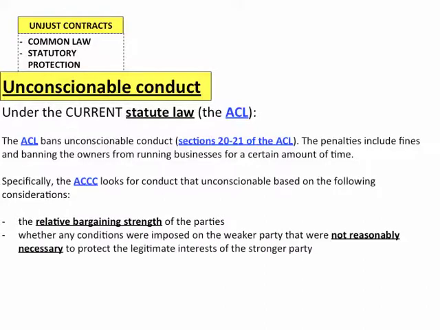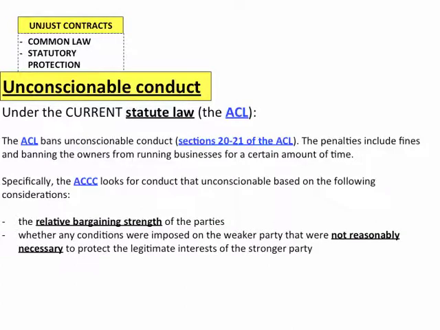Whether any conditions are imposed that were not reasonably necessary to protect the legitimate interests of the stronger party. So if again, like we did with the unjust contracts, it's not reasonably necessary to have such an awful term in a contract, then chances are that they're going to find that that's unconscionable.